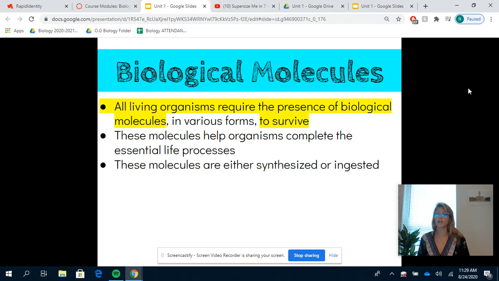These molecules help organisms to complete those 8 STRNGR essential life processes. Now, these molecules are either synthesized, which means built up in your body, or ingested, which means consumed. So a lot of these molecules we get by eating.